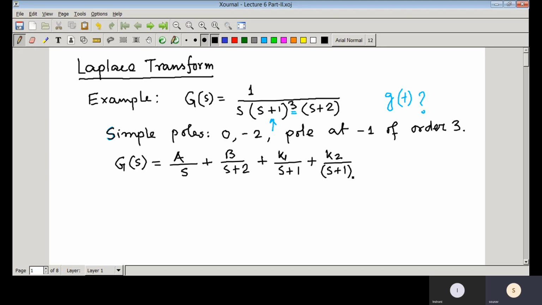Just look at this particular partial form, which is how you write it whenever you have a pole with higher order.